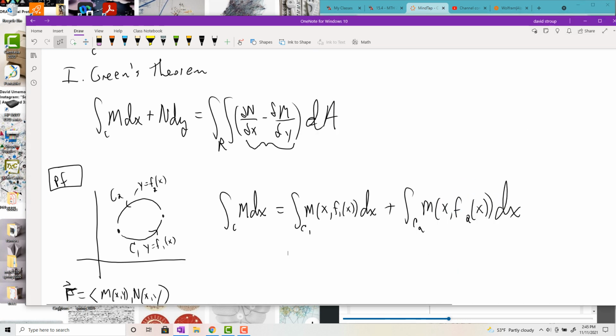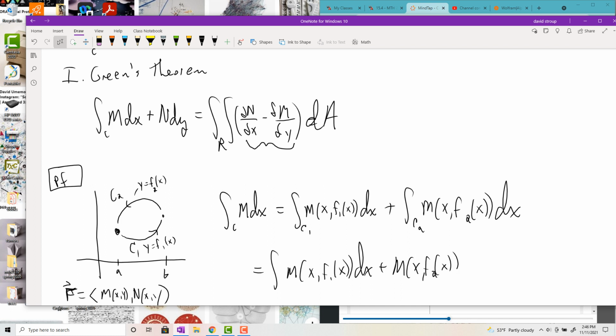You can parameterize those so they go from this point, maybe A, to this point B. Long story short, you're going to be able to take these two integrals and turn them into one. So you'd have the integral of M of x comma f1 of x plus M of x comma f2 of x, dx, I'd rather put the dx at the end of all that, from A to B.